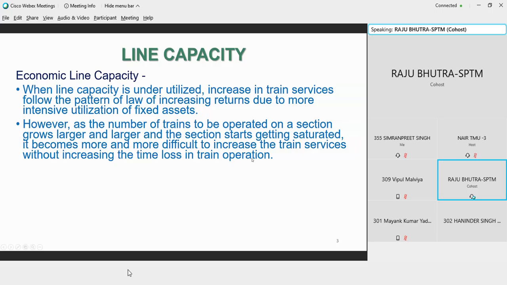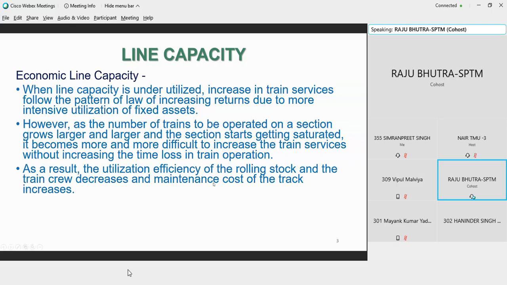If we keep on increasing the number of trains in a section, there will be a point when the section becomes saturated. Time loss means detention to other trains. So after the section is saturated, increasing further the number of trains will lead to detention of other trains.